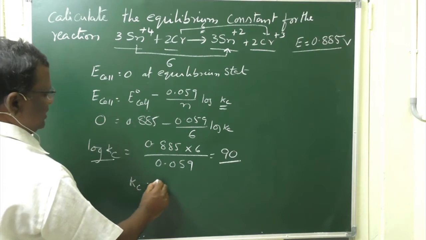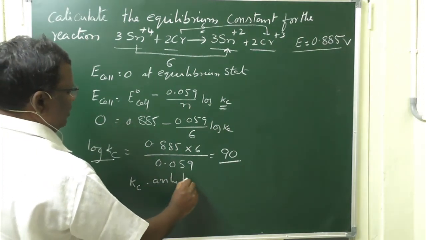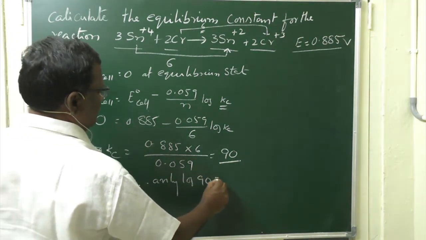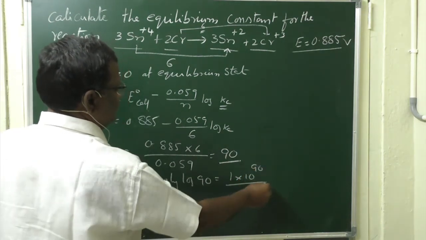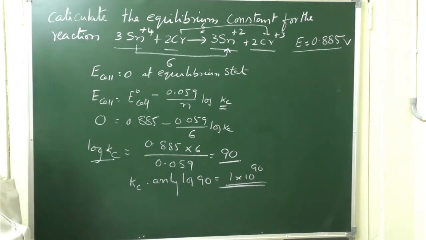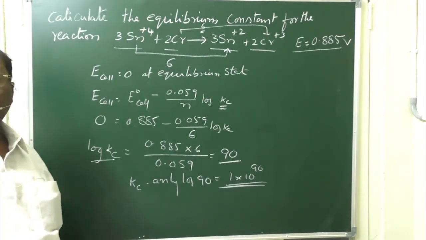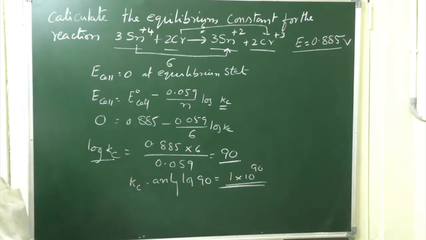Therefore, Kc is equal to antilog of 90, then it will be 1 into 10 to the power 90. The highest value of equilibrium constant indicates how fast the reaction is completed and to what extent the reaction is going to be complete.